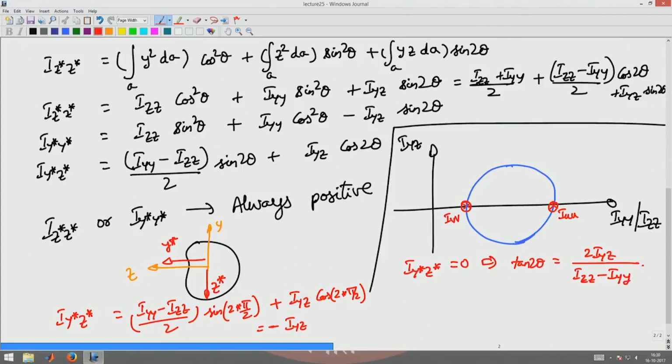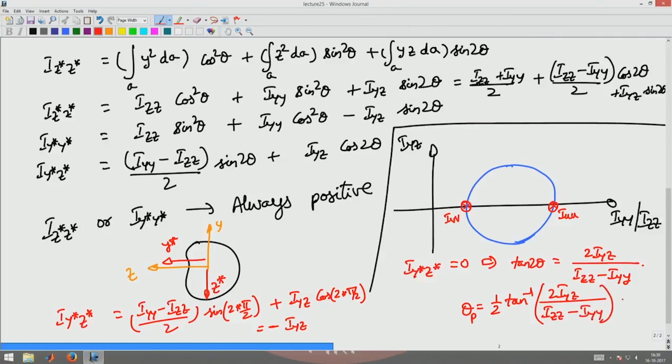So the orientation of the u v axes with respect to the y and z axes is given by this: theta of the principal axis is one half tan inverse of 2 Iyz divided by (Izz minus Iyy).